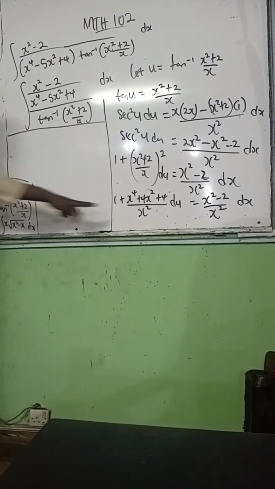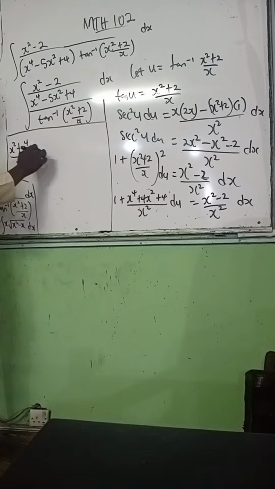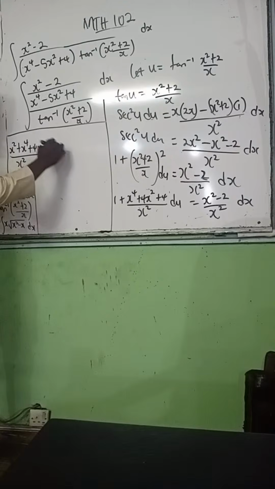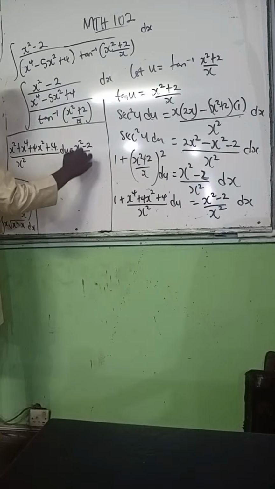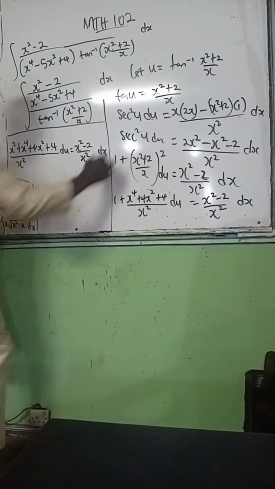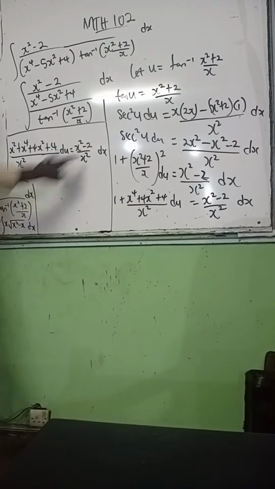Let's find the LCM of this. The LCM is x squared. So this will be x to the power 4 plus 5x squared plus 4 du equals (x squared minus 2) over x squared dx. This x squared can cancel out.